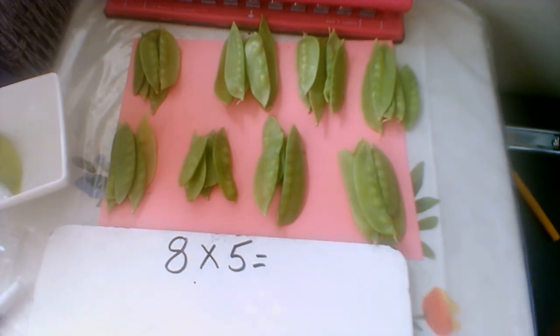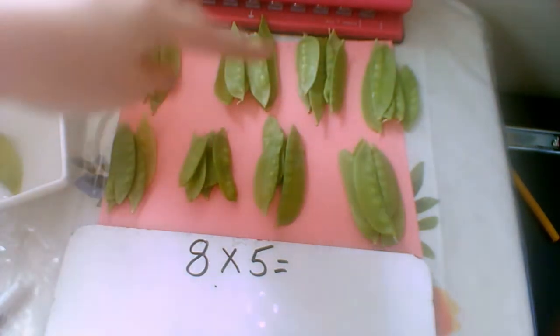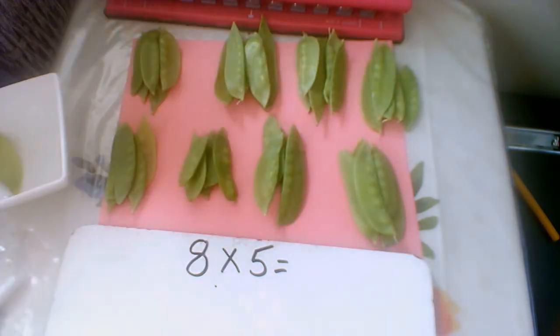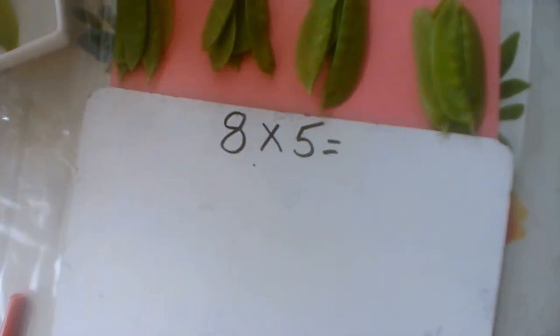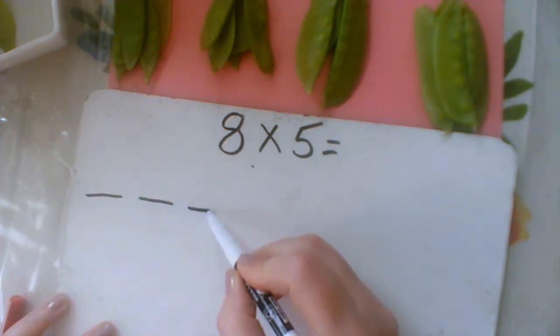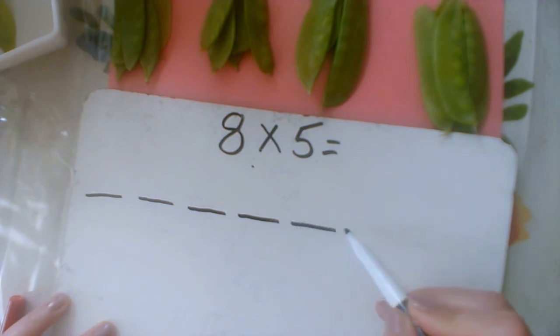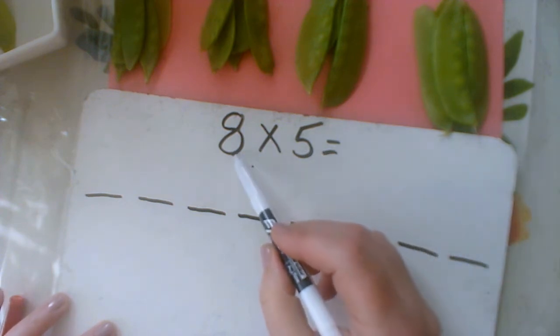Okay, I'm going to skip count. 5, 10, 15, 20, 25, 30, 35, 40. See how much faster that one is, because I'm pretty good at skip counting by 5s. So I'm just going to write the numbers that I would say in this skip counting pattern. So I need 8 of them. Putting these lines first really helps me know when to stop my skip counting pattern, especially when it's an easy pattern like counting by 5s, because I only need 8.